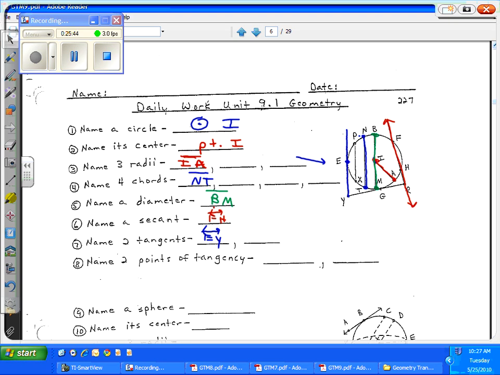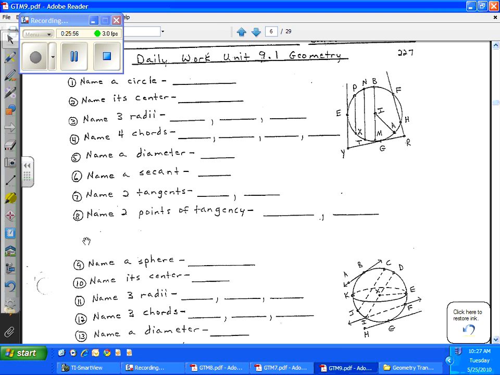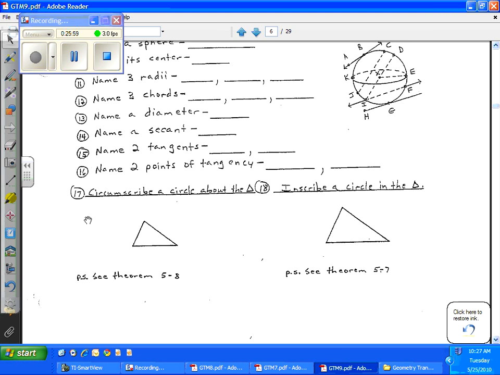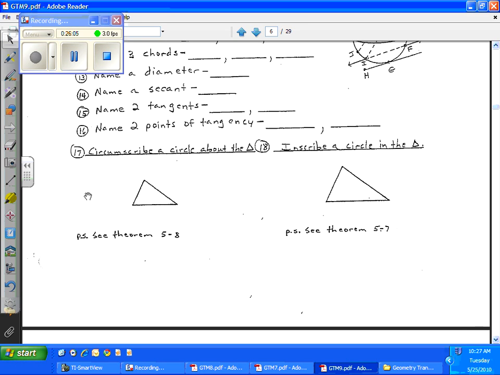Its point of tangency is point E. And you can identify the other tangent line and its point of tangency. Okay? We're going to let you name the sphere and its center and chords and secants and tangents and points of tangency.